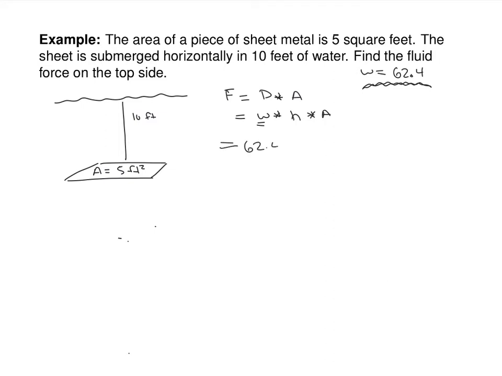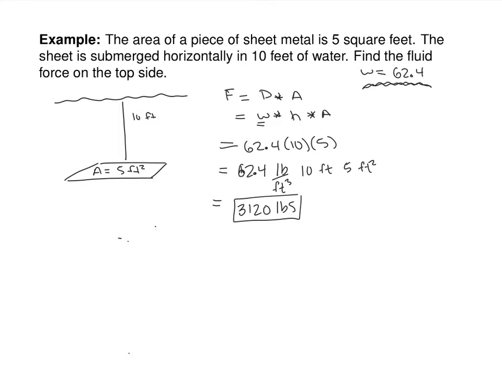So we have 62.4, depth of 10, and an area of 5. We could be good physicists and put our units in there: 62.4 would have units pounds per cubic foot, 10 would be measured in feet, and 5 in feet squared. You can check and see that the feet all cancel, leaving just pounds, which is a unit of force. So the force exerted by this fluid is 3,120 pounds.